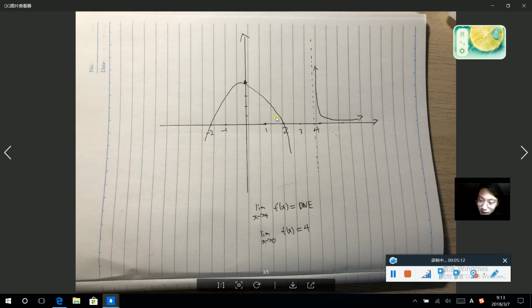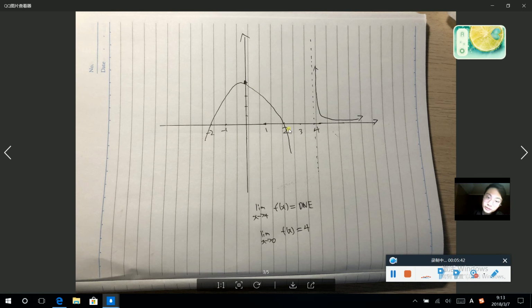Actually, I can randomly set up a point over here or over here to make a secant line. If I want to make the secant line equal this tangent line, I should let the value of h increasingly approach 0.